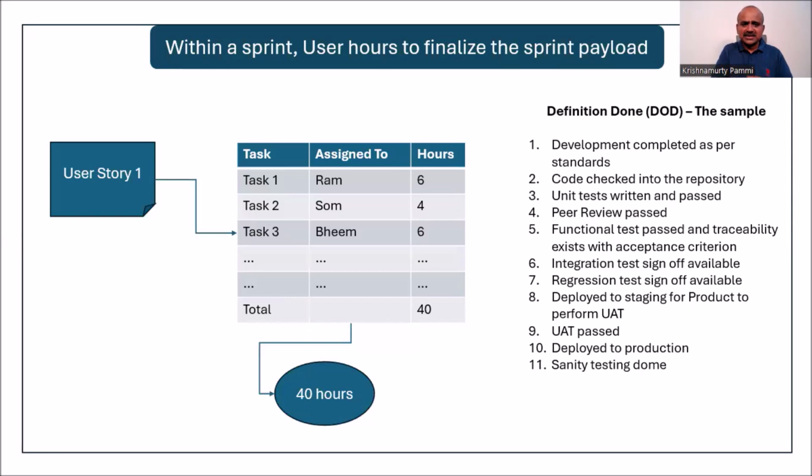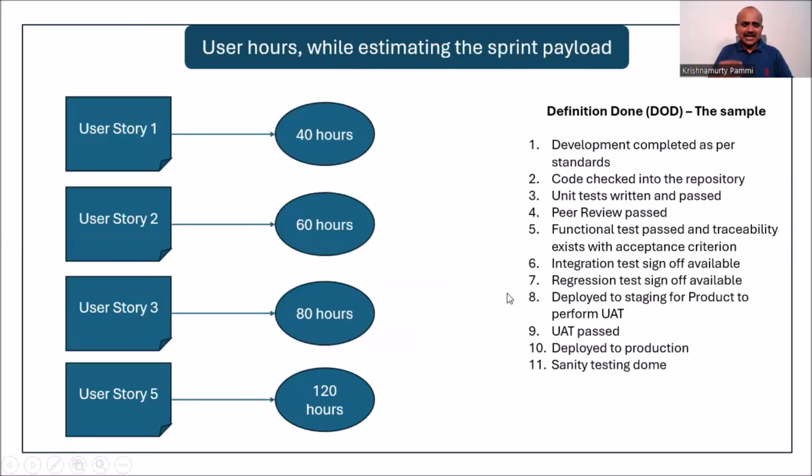We can say User Story 1 will take 40 hours. And how are the tasks decided? Based on the definition of done. Similarly, User Story 2 may take 60 hours, User Story 3 may take 80 hours, and User Story 4 is 120 hours.